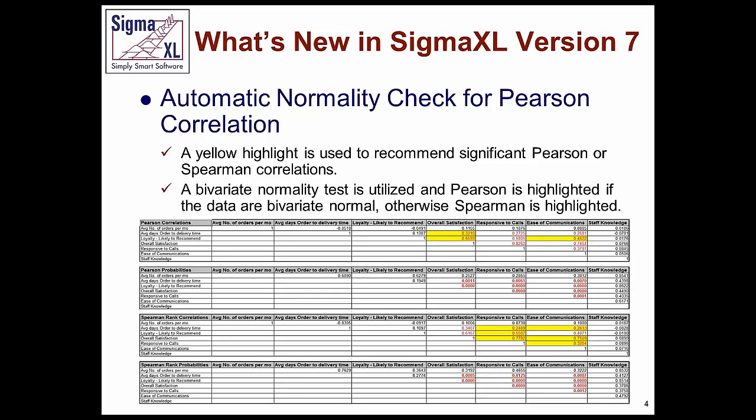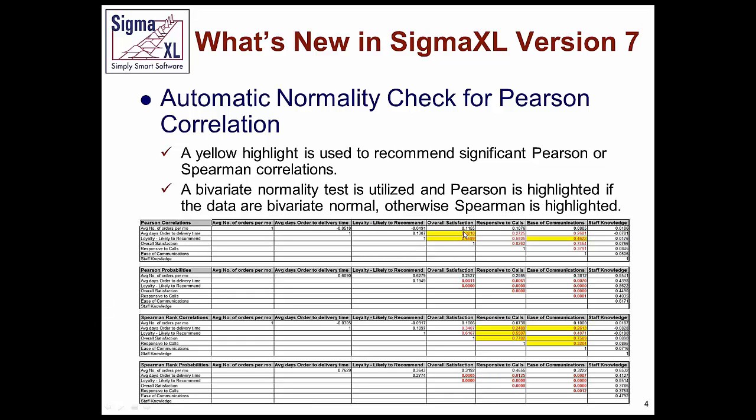That's important: not just normal for the individual variables, because when you're dealing with a correlation, Pearson assumes bivariate normality. So we test behind the scenes for bivariate normality, and if the results are significant and the data are bivariate normal, then Pearson is highlighted.